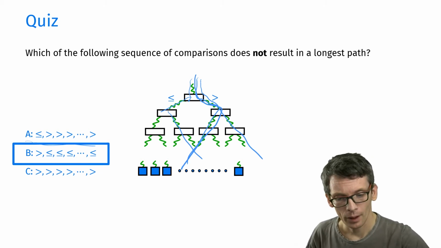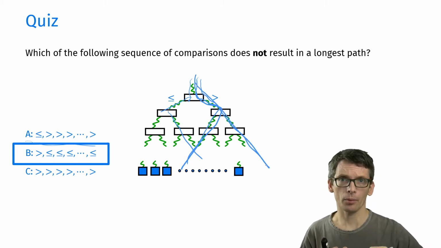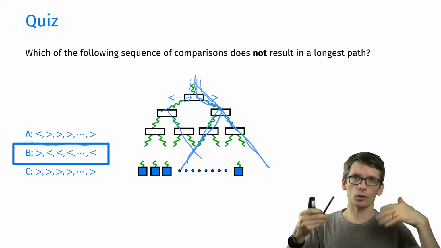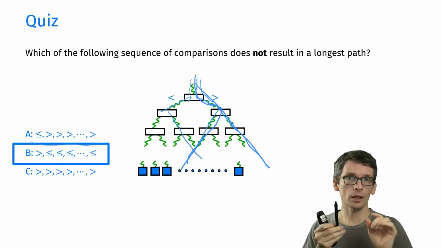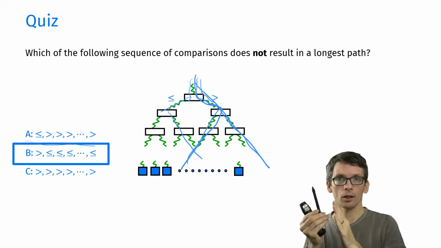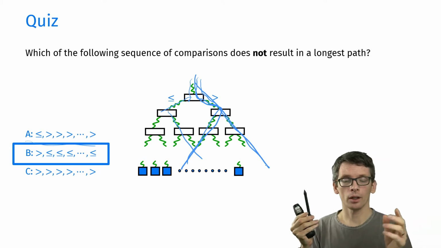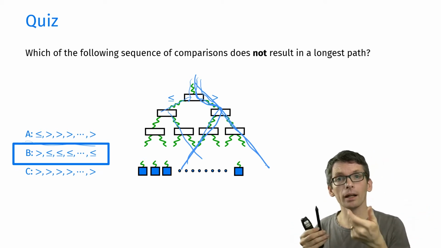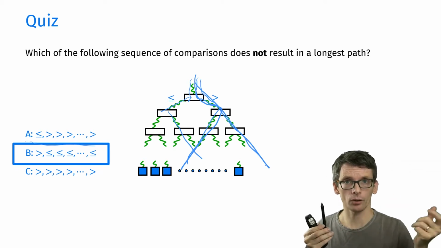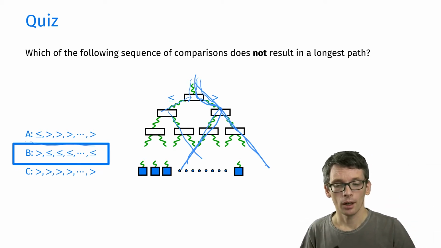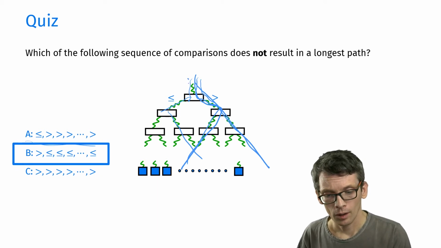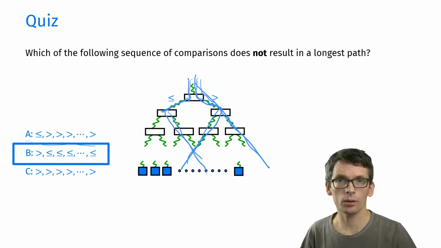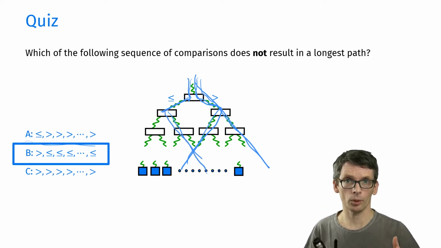In this rightmost path, what happens? That corresponds to a worst case input where the numbers are in decreasing order and I essentially have to do all the swaps. With each comparison, we're actually doing a swap. This sequence here is also a kind of worst case input.